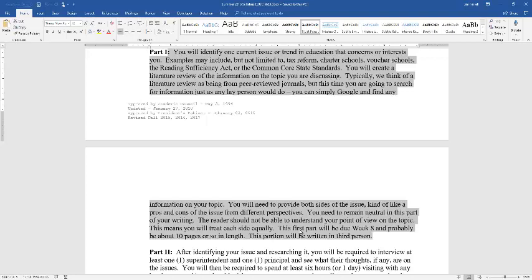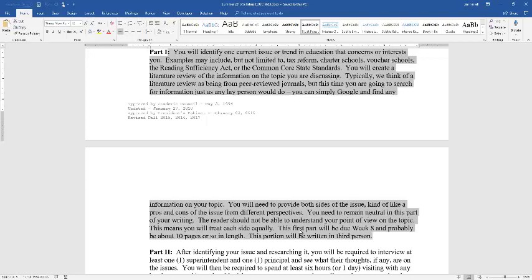So as you can see from the description, we really want you to take on a topic that does have some controversy in it. For example, I would not want to see a topic dealing with should children have PE daily. You may think that's a controversial topic, but I doubt that you're going to find anybody or any literature out there that says children should not have PE daily.